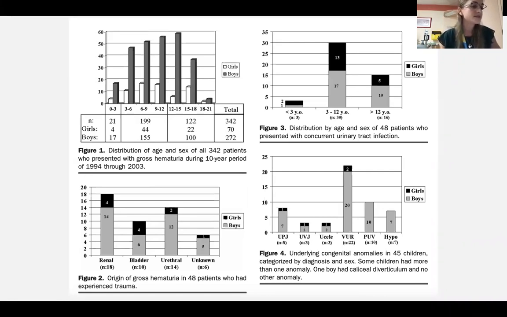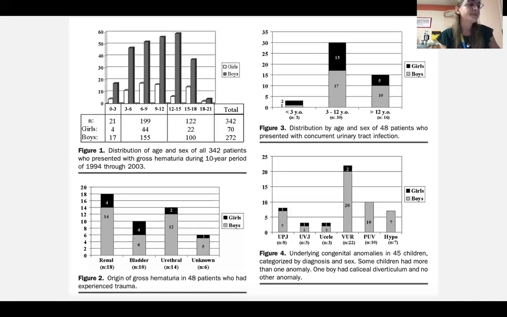In this series, the peak age of presentation is closer to the teenage years in boys, while in girls, it's more similar to the previous study. Figure number 2 shows that most of the trauma-associated hematuria in girls was from renal and bladder origin, with very few urethral lesions, which makes sense given the anatomy.